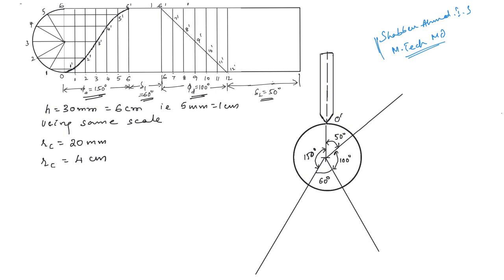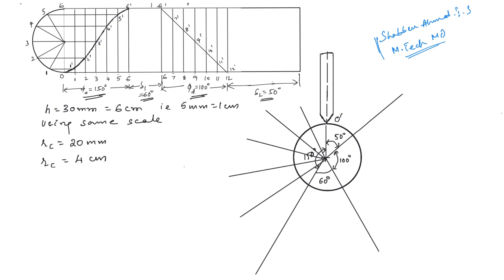Now we have to divide the angle of ascent into 6 parts. The angle of ascent is 150 degrees, so this arc must be divided into 6 equal parts. First part is here, this is the second part, third part, fifth part, and the sixth part.